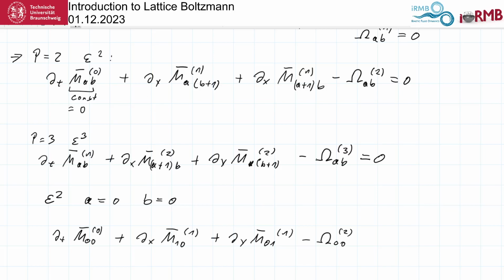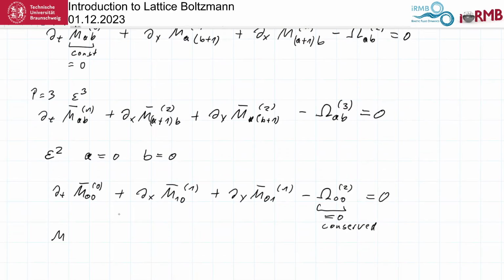Now, the moment m00 is the density. The density, the mass is conserved. The density does not change in collision. This means this here is 0 because it's conserved, and all of this is still 0. So this m00 is rho 0, this is constant, so it also disappears.